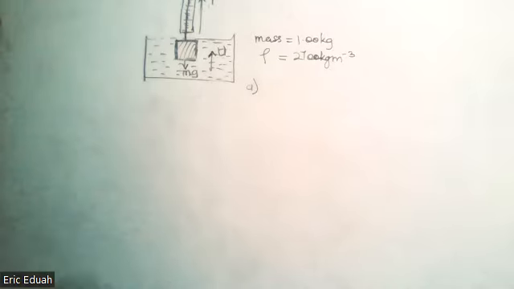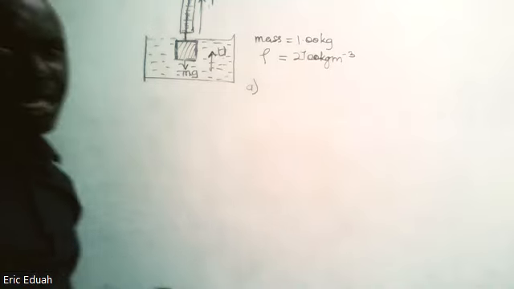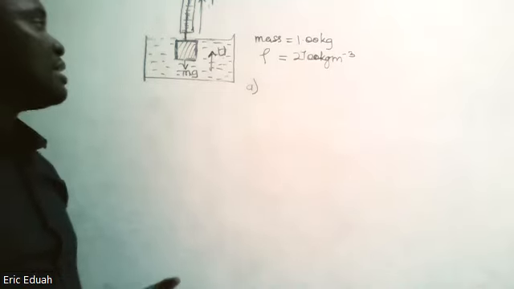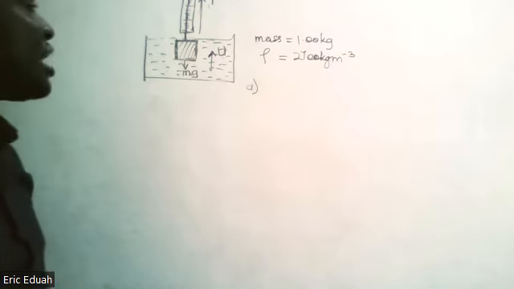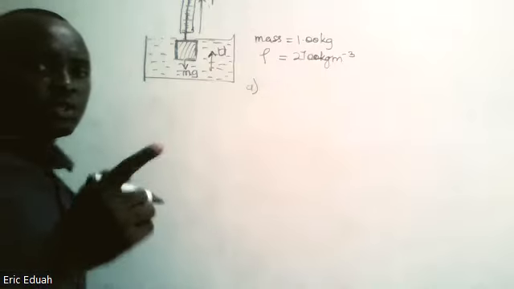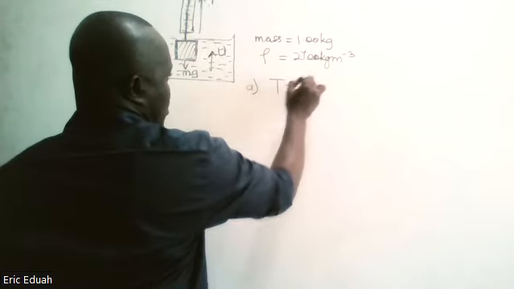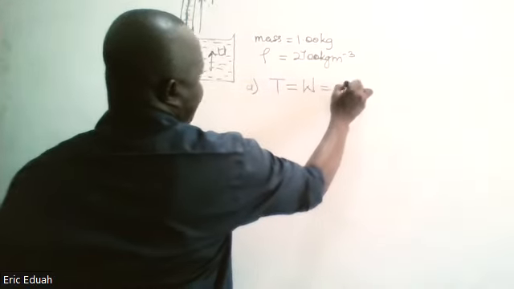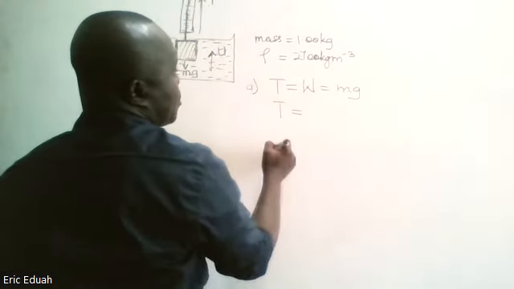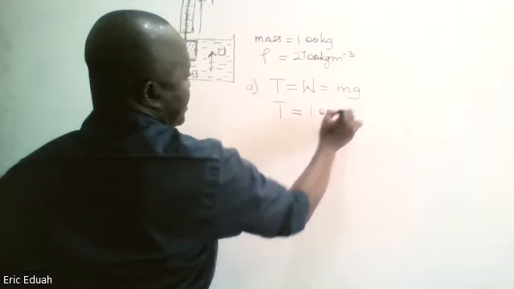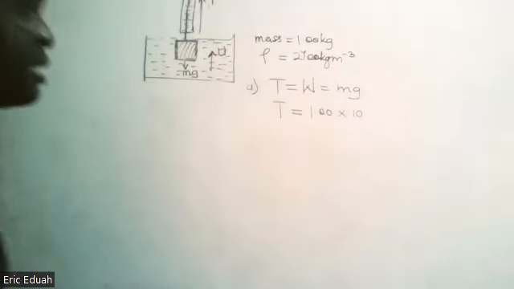And from what we were doing, we realized that when an object is suspended on a string, the tension that exists in the string or the spring, when the mass is in open air, is given by T is equal to the weight, which is mg. The tension will therefore be equal to the mass, which is 1.00, times gravity, which in most cases is 10.